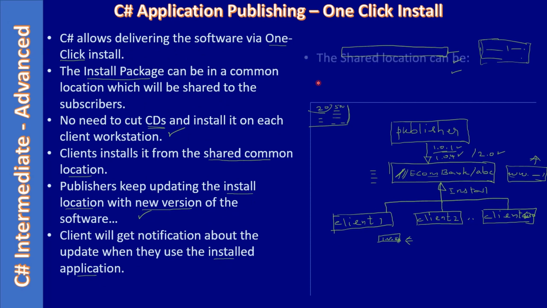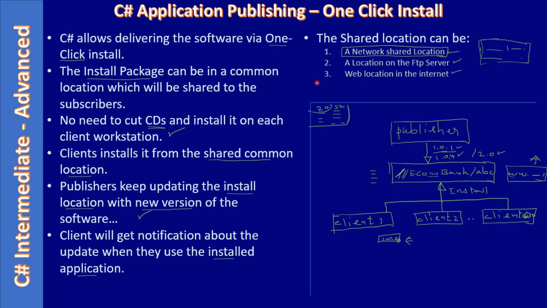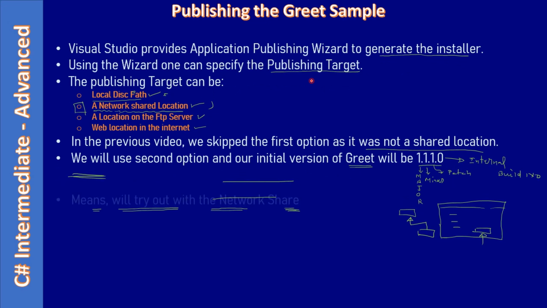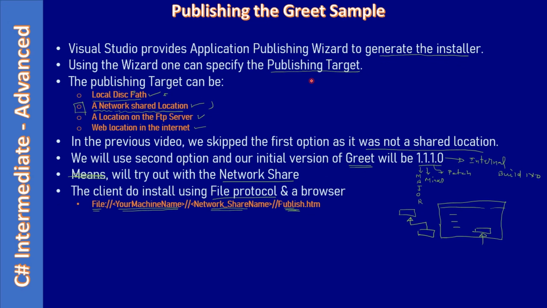First we learned about the basics. Then we created the greet sample and we published that. Then we also saw how the client will install that greet sample from the same network location.